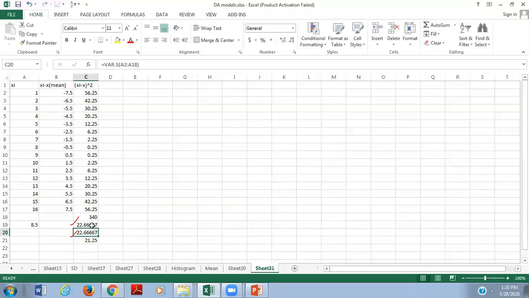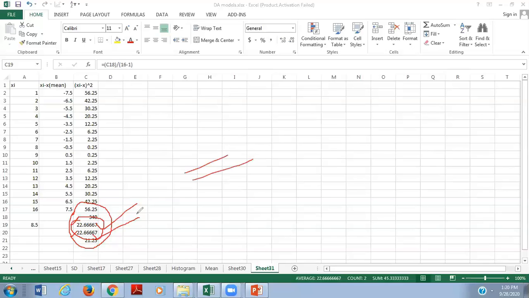Now see, both values are the same because of the formula that we have used. Here again I'm showing you a PPT.